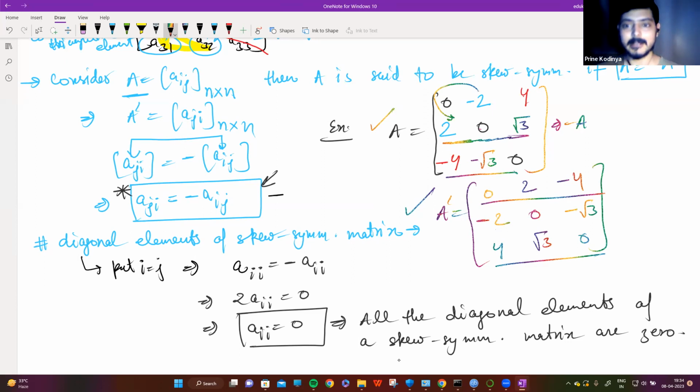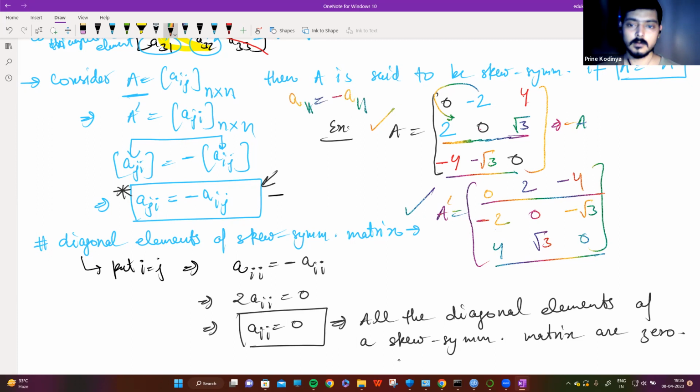We are saying that A dash is equal to minus A. If A dash is equal to minus A, then consider the diagonal elements once. Diagonal elements won't change their position. They will remain the same. So A11 previously will remain A11 in A dash as well. Now we are saying that A dash and A are related to minus times of each other. This means that A11 has to be minus times of A11.